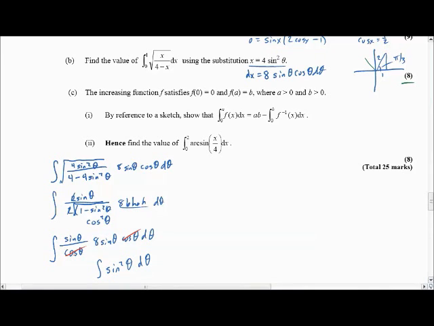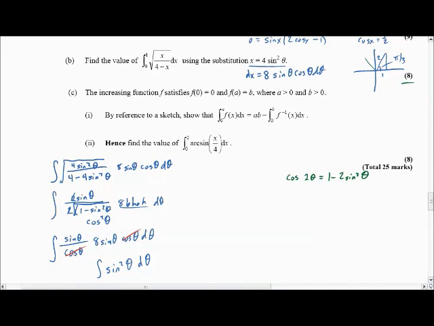And from there, we're just going to remember that sine squared of theta is tough to take the integral of, and so we're going to think back to trig where cosine of 2 theta is equal to 1 minus 2 sine squared of theta. And you actually don't have to have that memorized, because that's going to be on your IB formula sheet.